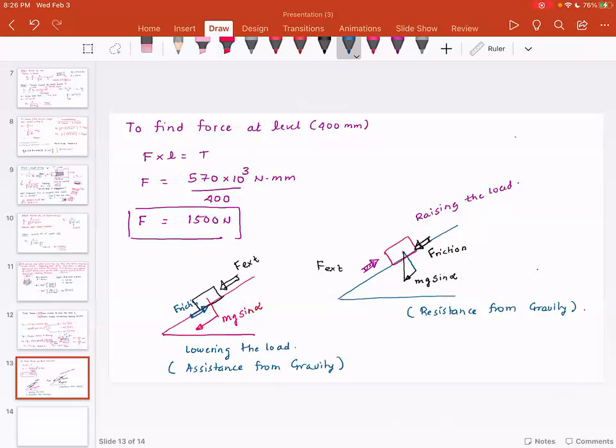Now with this, we can actually work out a simple problem. I'm trying to look through my notes for a second to solve a simple problem.